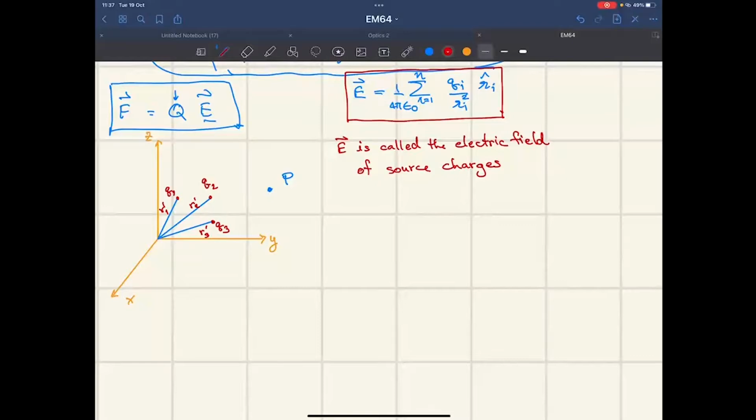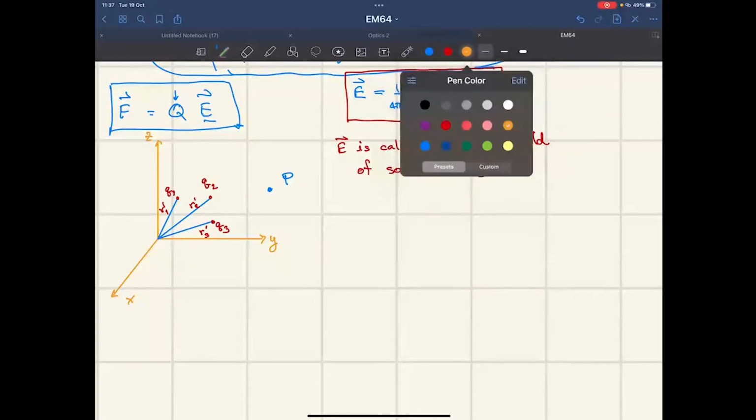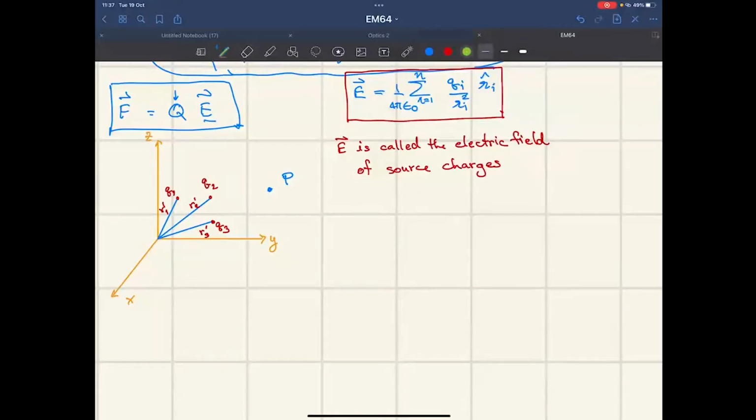Let me use the green color here. From the origin to this point here, what is this vector? Can you tell me? This vector is the point of interest. Remember, we want to know what the field is here. What is E here? E equal to what here?